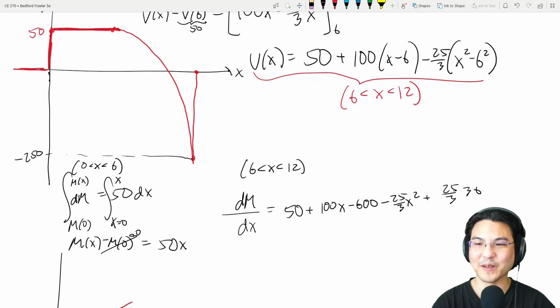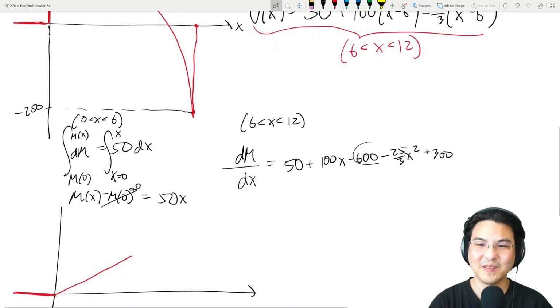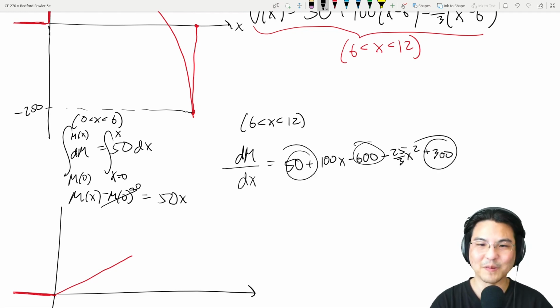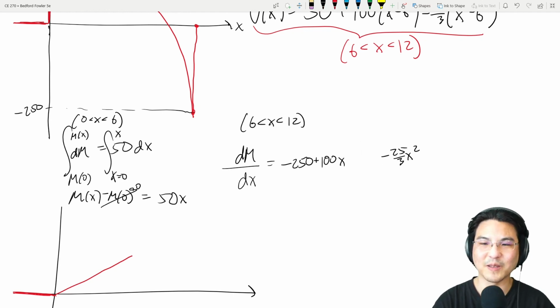So let's see, 25 times 12. All right, so you could just simplify. Right, let's see. That's minus 300 plus 50, so that's minus 250. Okay, it's a little bit more simplified. Oh, actually, that's pretty good.